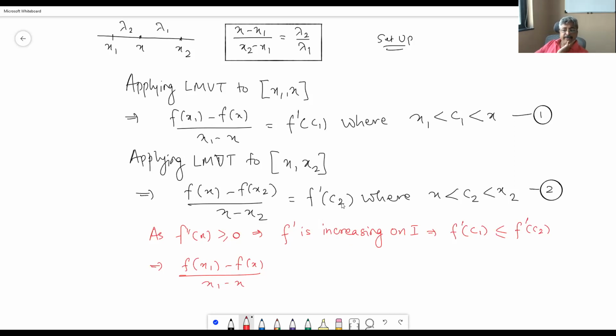So everywhere equality, therefore this is less than or equal to f of x minus f of x2 upon x minus x2.